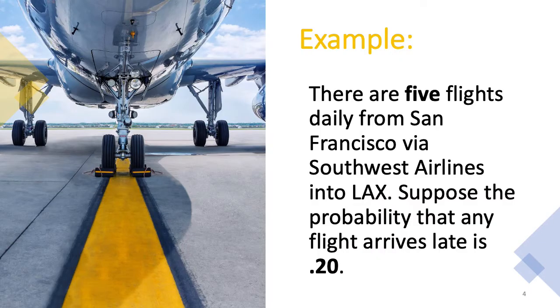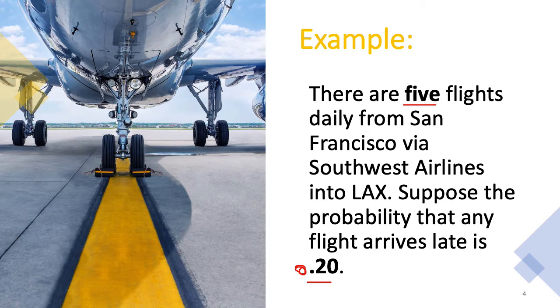Example: there are 5 flights daily from San Francisco via Southwest Airlines into LAX. Suppose the probability of any flight arriving late is 0.2 or 20%. We can put a 0 there just to help clarify that a bit. In this case, we have an upper limit in terms of the total number of trials, and the number of trials is going to be 5 per day.